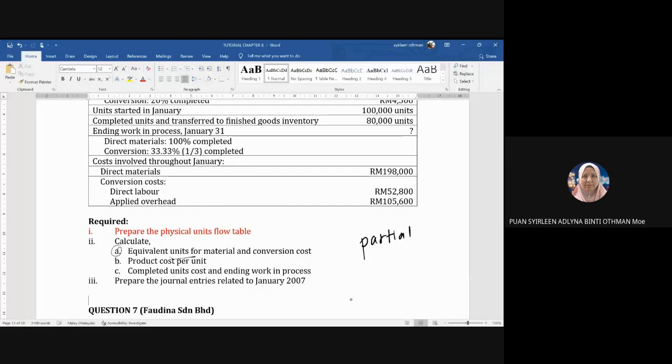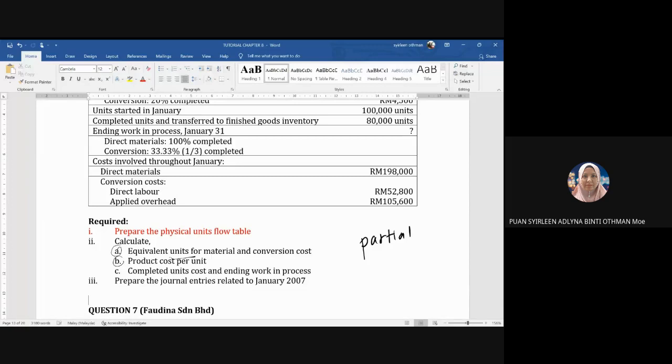Lepas tu saya nak kira product cost per unit ni, I will do the part yang tengah-tengah tu, that part only for B, and then C ni akan buat part yang kat bawah tu. Tapi dalam awak punya jawapan, the table must be separated. Dia bukan satu table yang dari atas sampai ke bawah. Dia salah cara nak menjawab macam tu.